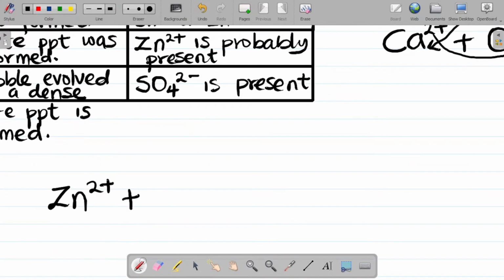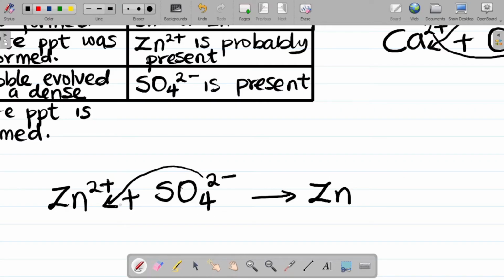That means probably that's what we have here. So plus SO4 2 minus. Let's combine this to form a compound. First I have Zn, which is zinc. These two can combine since they have opposite charges and they can attract. So Zn2 and then SO4. These two also come to this position.